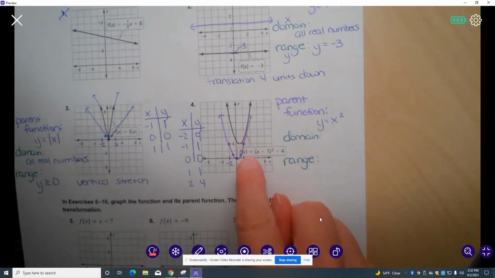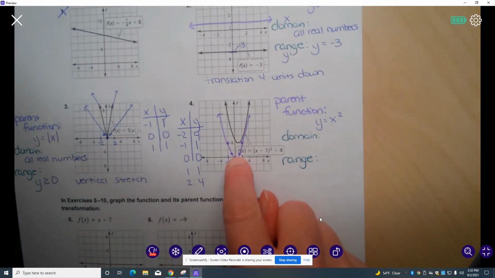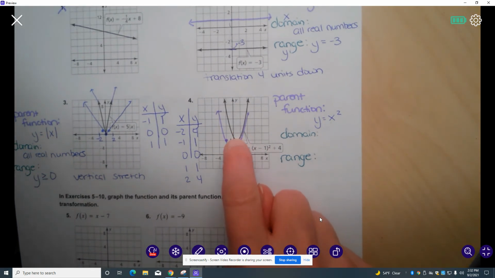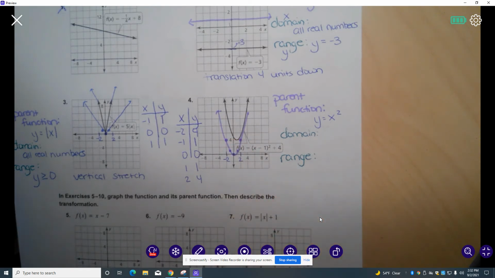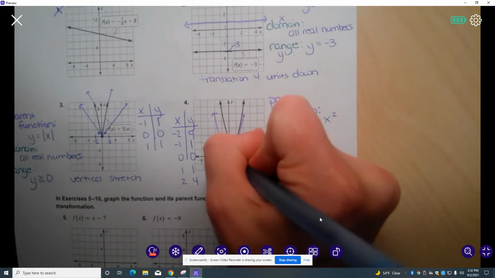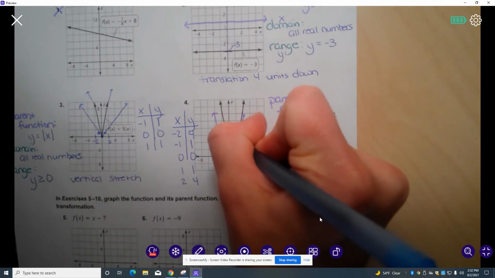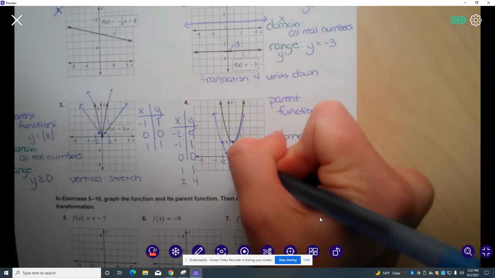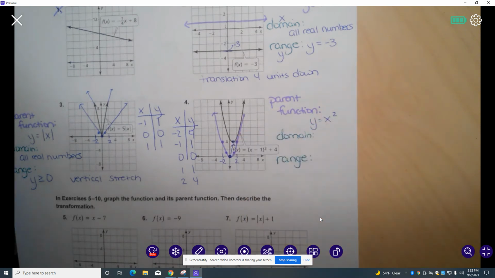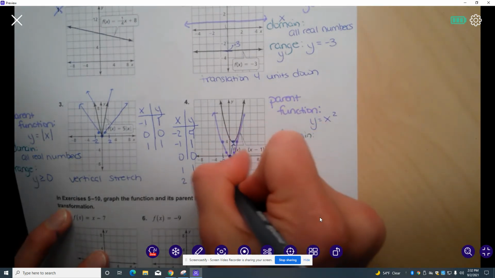So comparing my parent function, my purple graph, to the new graph, you can tell a translation has happened. It did a slide, right? If I look at this bottom point, this minimum here, I can compare. It went up and to the right, right? So it was a translation.